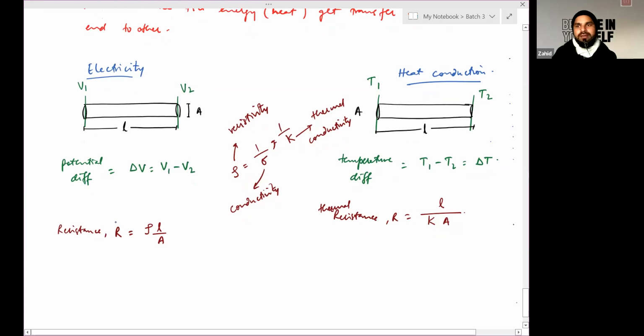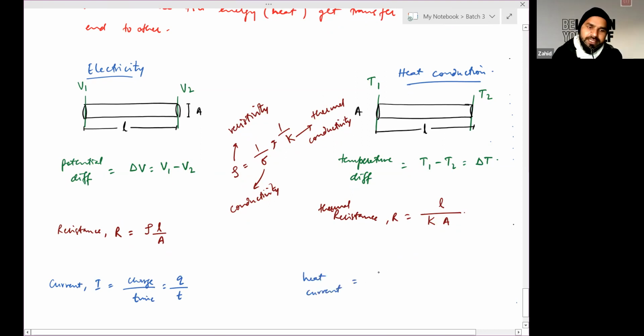Now we have voltage difference and resistance offered by the substance. So we can define the amount of current flowing through this particular conductor. According to the formula, current is simply flow of charge by time taken. So it will be charge divided by time, so it will be Q by T. Similarly, in heat conduction, we call it heat current.